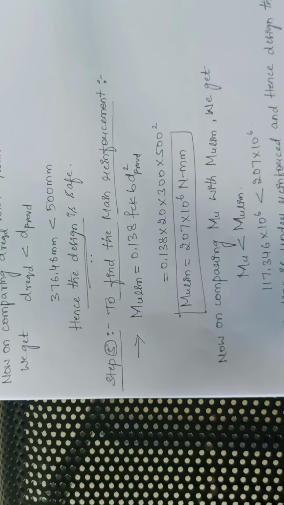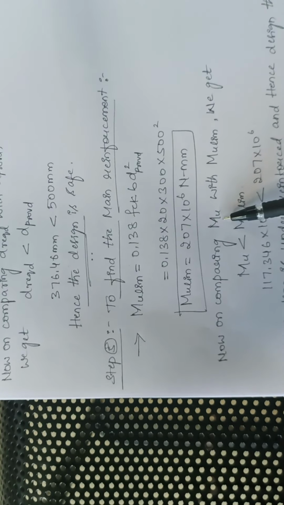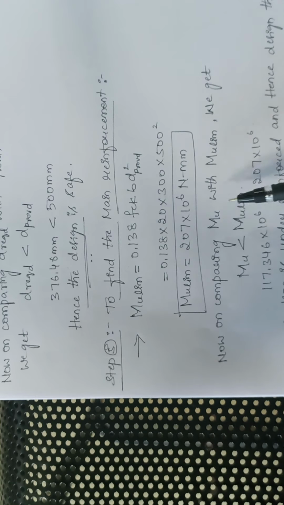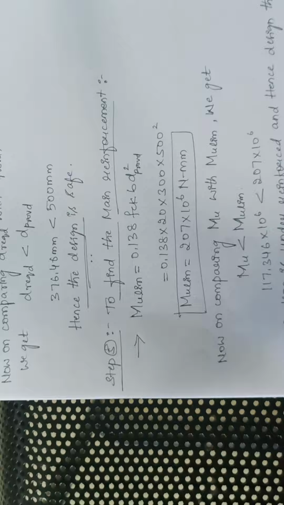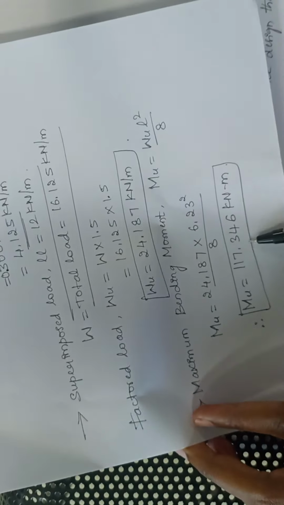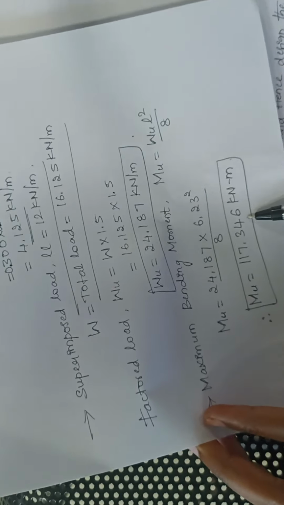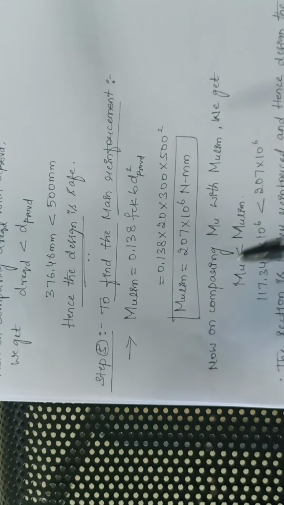Now let us compare this Mu limit with the Mu that we got in step number 3. We got the Mu value as 117.346. This value has to be compared with the Mu limit.